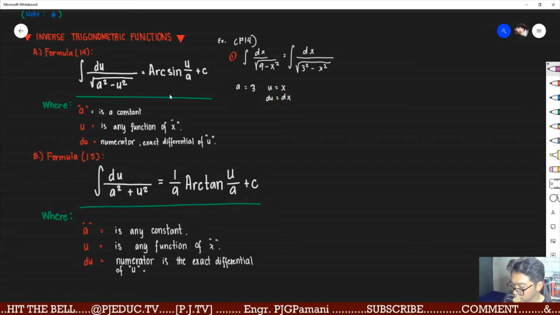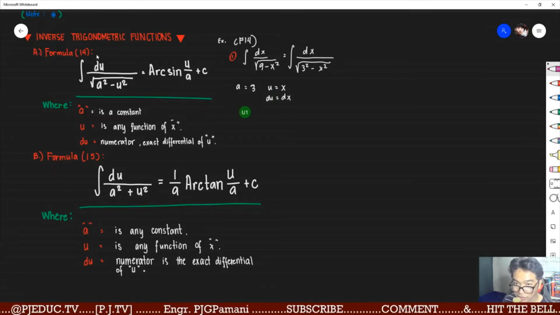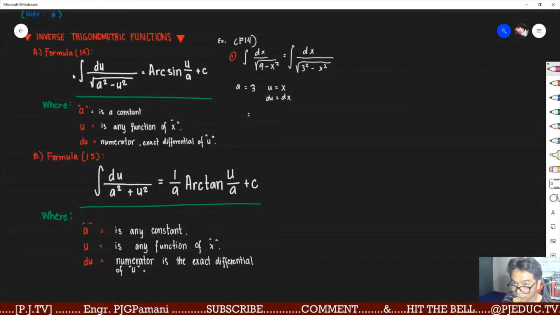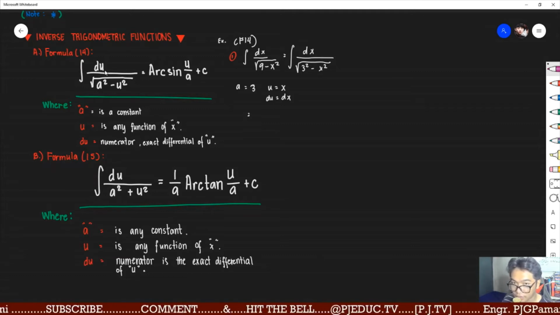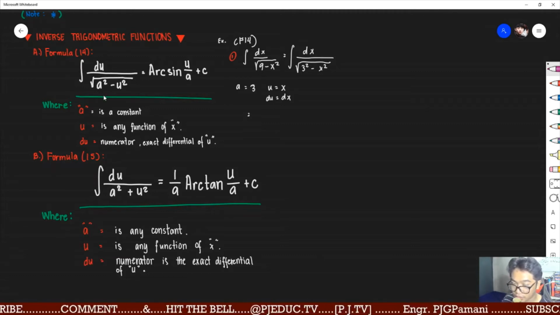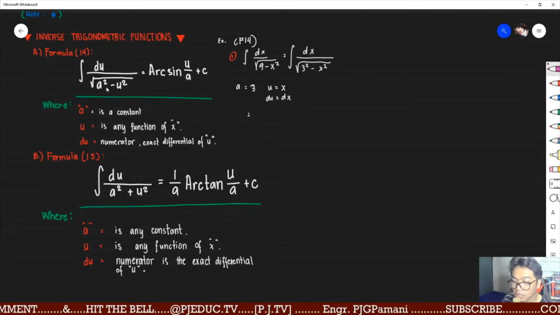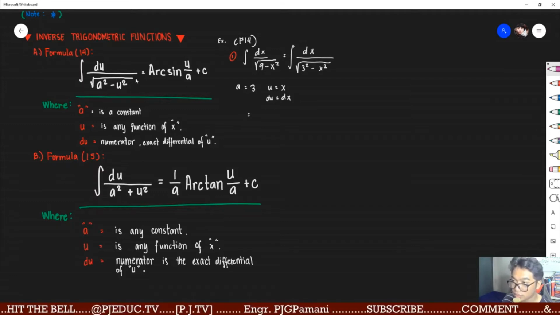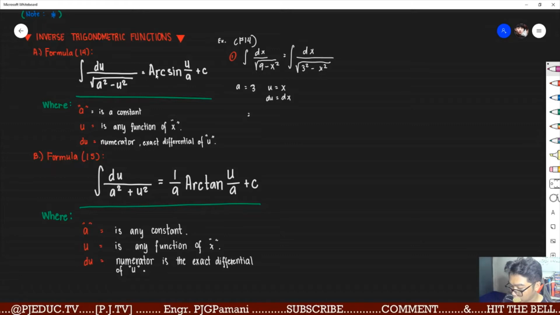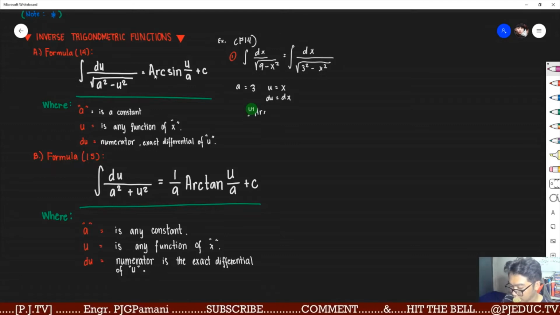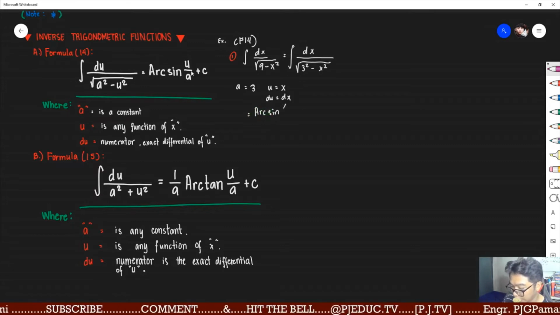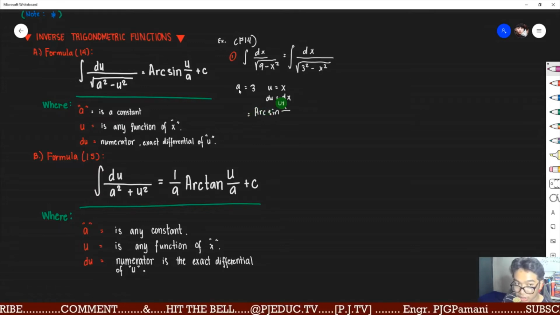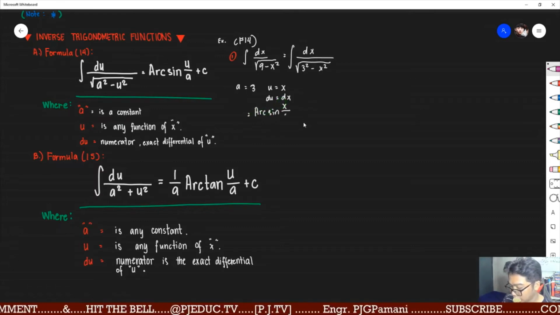So knowing that, as simple as that, apply lang natin yung rule ni formula 14, inverse trigonometric functions, that whenever you have the exact differential of a function divided by the square root of a constant raised to 2 minus the function squared, that is simply equal to arc sine of the function u, which is x, over the constant a, which is this time equal to 3.